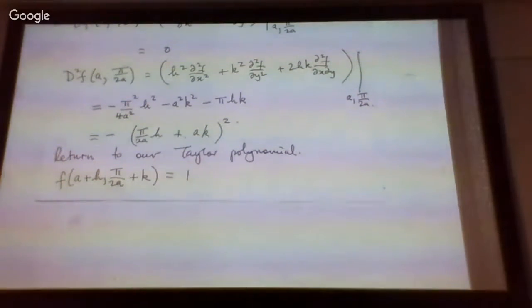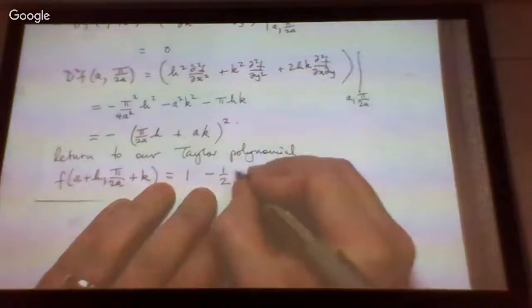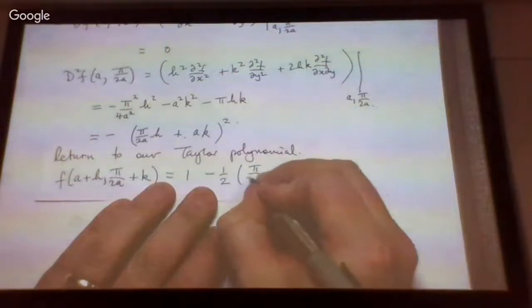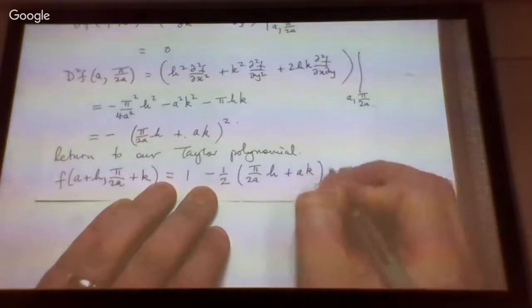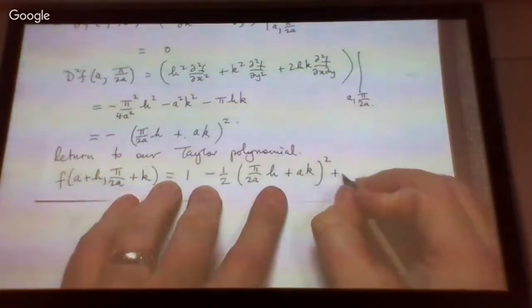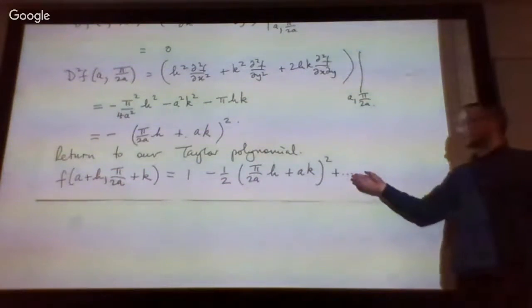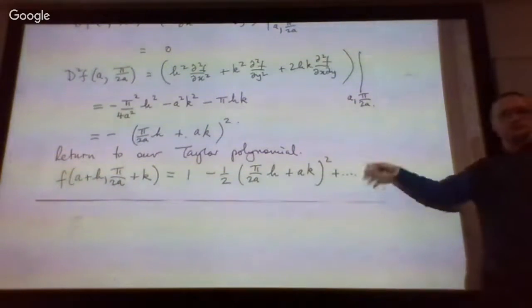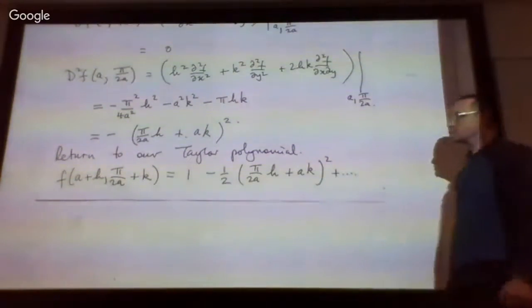The d of f evaluated at the base point, remember, that came to 0. And then the d2 of f, well, we have a half of it, and it's got a minus sign, so it's minus a half of pi over 2a times h plus ak, all squared. Okay, and then there are higher order terms. There might be order 3 terms, order 4 terms, etc. Well, there will be. But this is what it looks like up to order 2.